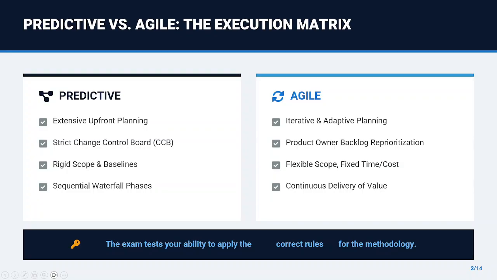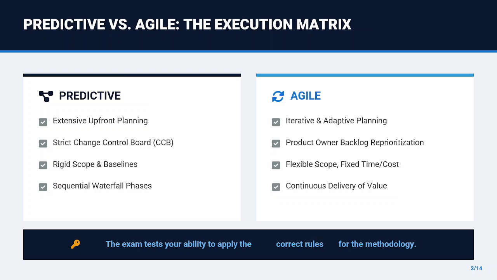Look at the matrix. The number one trap in the process domain is applying the wrong methodology's rules to a scenario. When you read a question, your first step is to identify the environment. If it's a predictive project, your process must focus on upfront planning, strict change control boards, and avoiding scope creep.